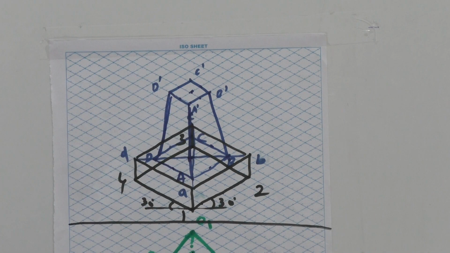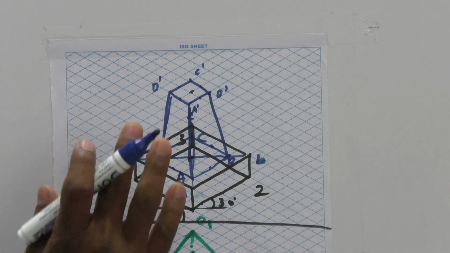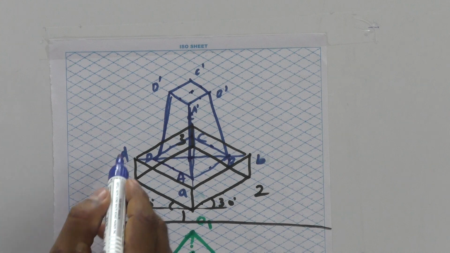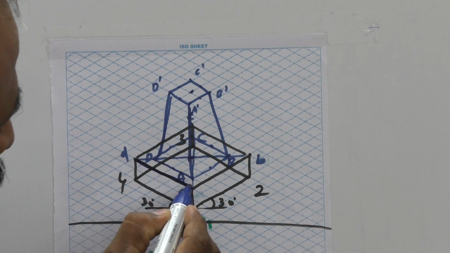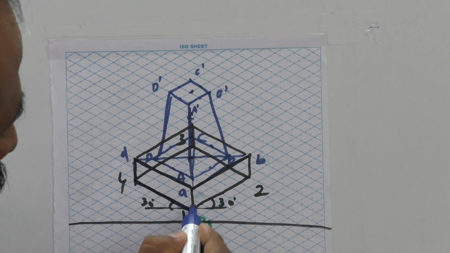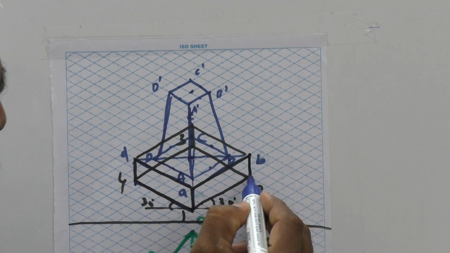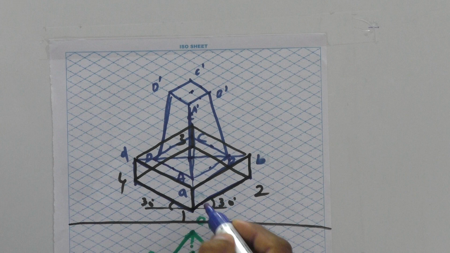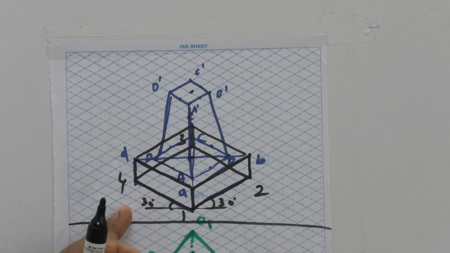That means ultimately you need to darken only the visible sides or visible edges. That means you need to darken this square block like this. Again I am repeating, don't darken any lines in the isometric position initially. Darken only after completion of all the solids.